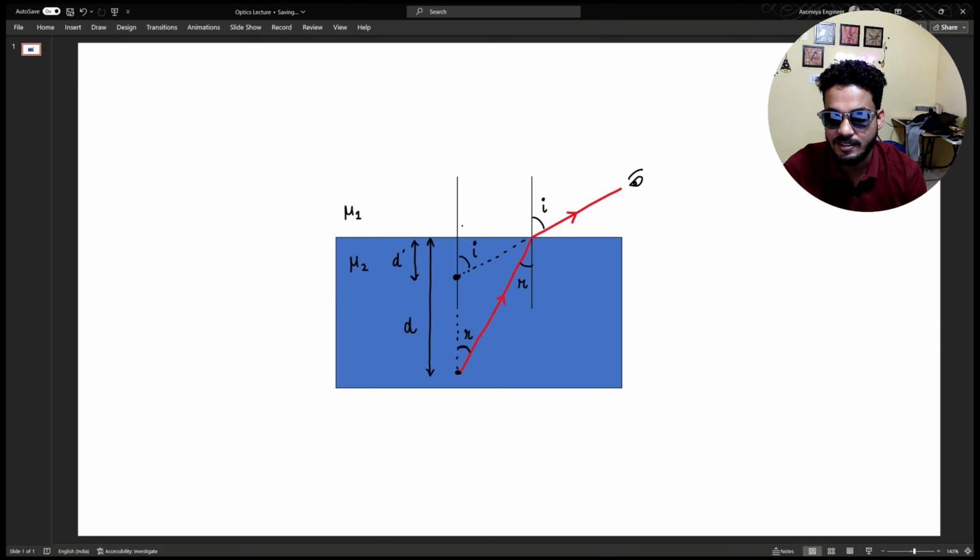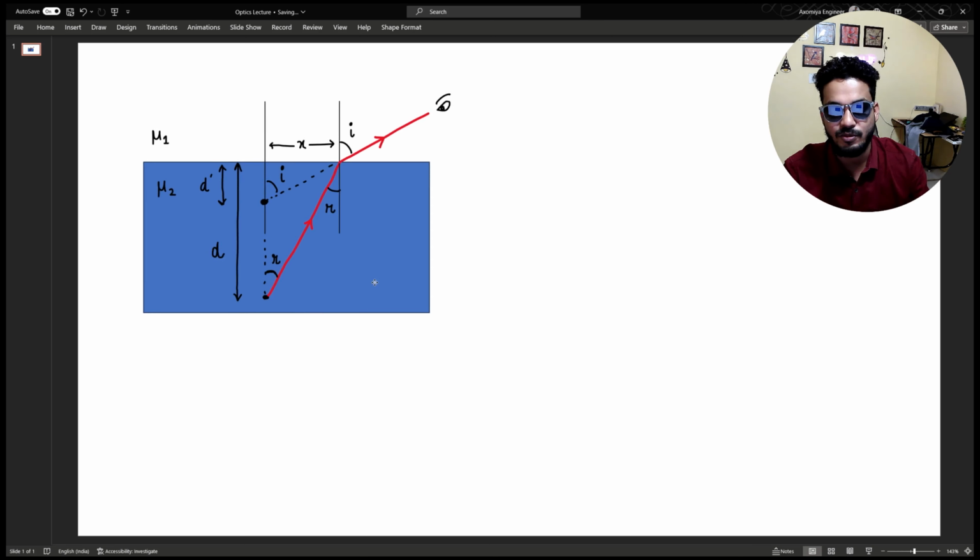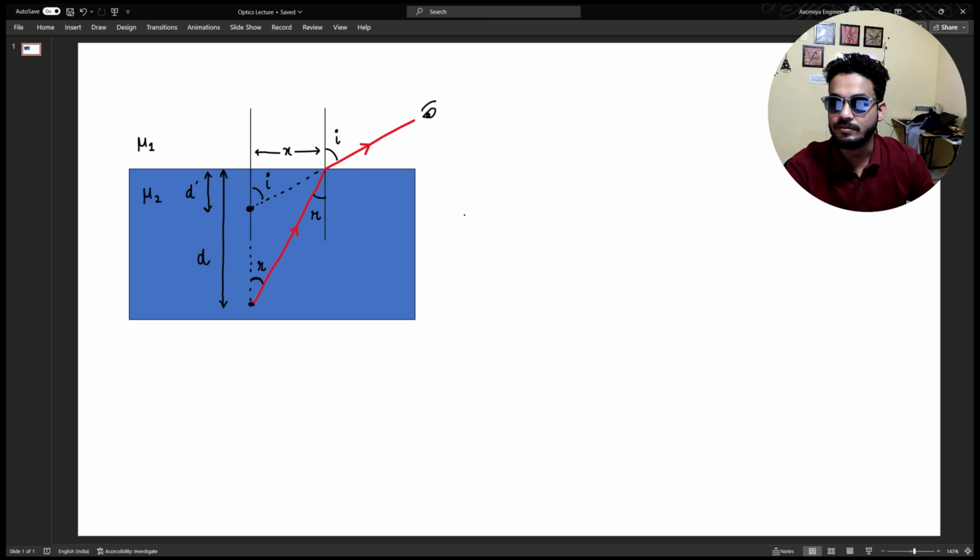And if I say that this distance from here to here is x, then a few things I can say about this particular diagram. Let me move it sideways a little bit. The first thing I can say is from Snell's law: mu1 sin i equals mu2 sin r.